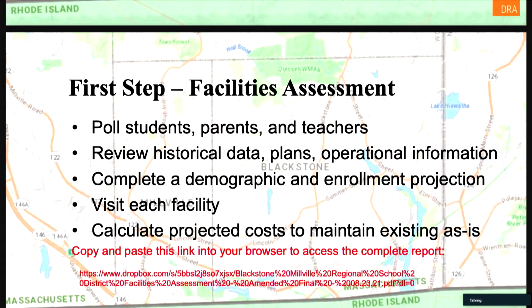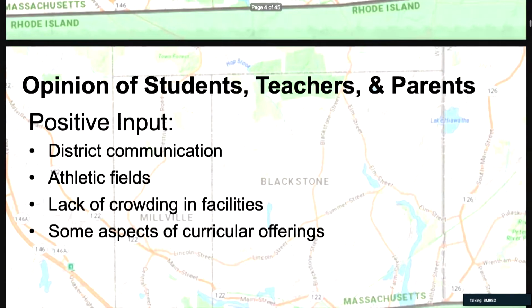Now, if you download this from the links, you'll also get links in this to the full assessment study, which is 160-something pages, the demographic study, and one of the presentations that we did that we'll talk about a little bit later on.